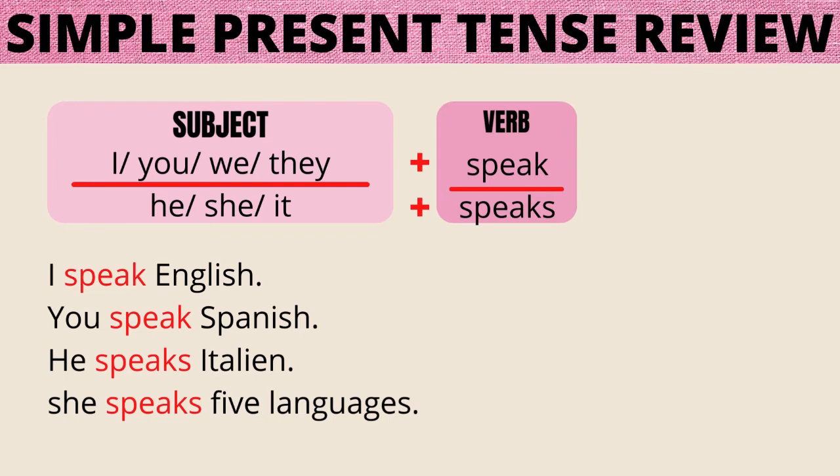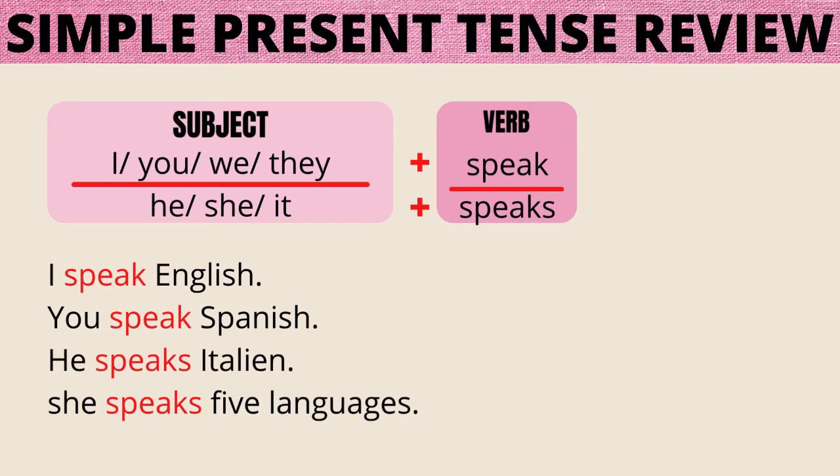Now I'm going to give you a quick review of the simple present tense. So, when you want to make a positive statement, you need to think about the subject of the sentence. When we are making basic statements, there are two ways to approach it. If your subject is I, you, we, or they, we use this pattern.